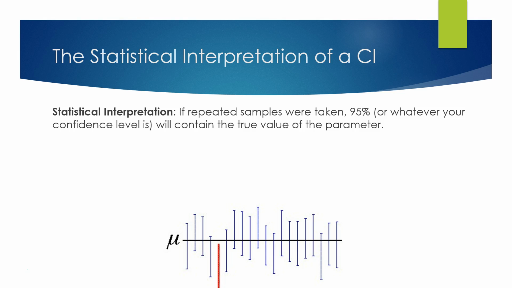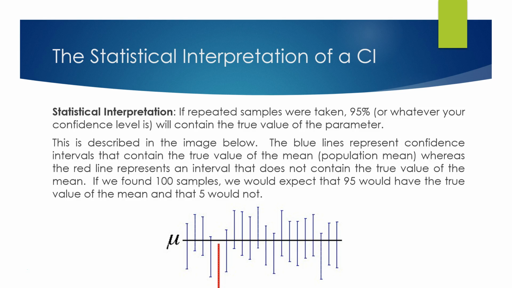The statistical interpretation says that if repeated samples were taken, so I took a random sample from the population, you took a random sample, and everybody else in the intro stats class took a random sample, 95% of those confidence intervals will contain the true value of the parameter. So this would be the population mean mu, and each of these blue lines represents confidence intervals for samples.